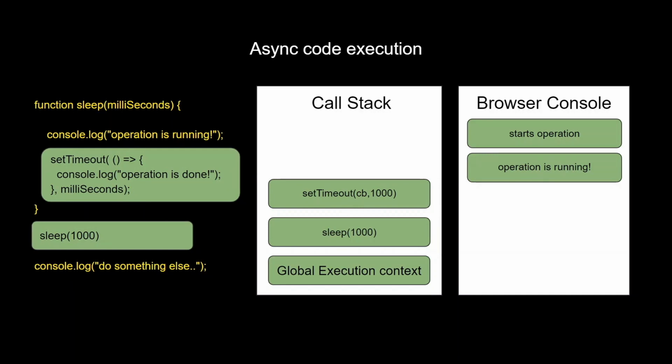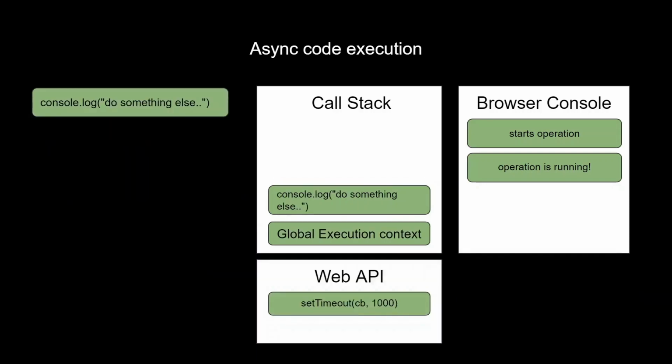Then we have the setTimeout, where CB refers to the callback function, the arrow function we passed, and 1000 is the milliseconds we passed. What happens is that as soon as the call stack sees a setTimeout in the call stack, it will just pop out the setTimeout and give it to the web API.